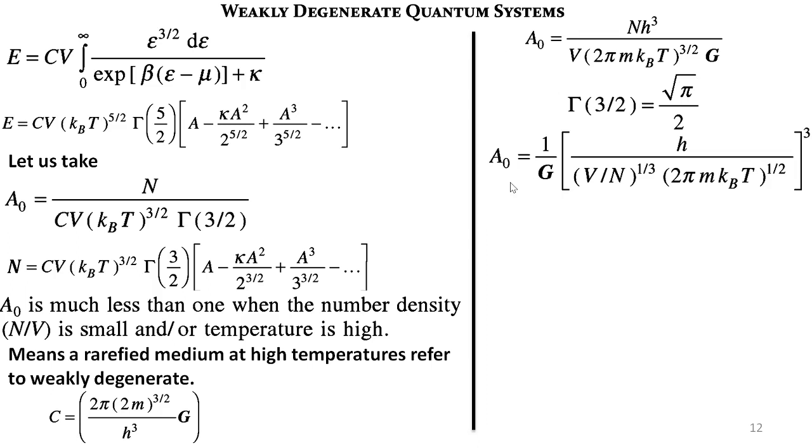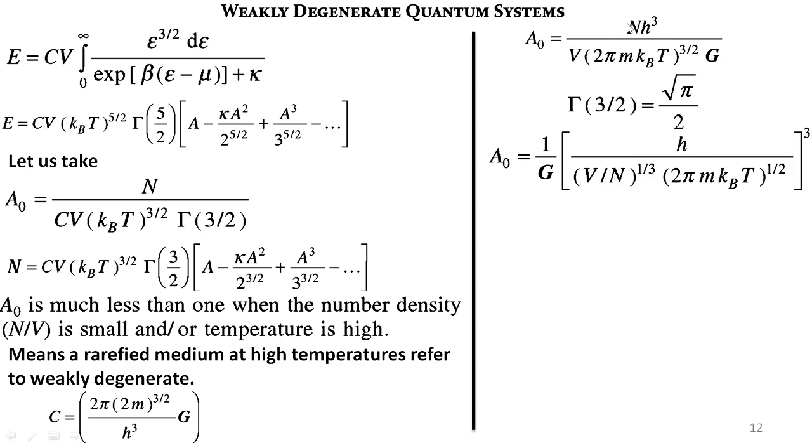Now, if we try to rearrange things somewhat more, we can write down A naught is equal to 1 over g, now whole cube. So we are writing cube here. We are trying to express this as cube of some number. And what is that number here? h cube. Because h already has power 3, it will come as h here.